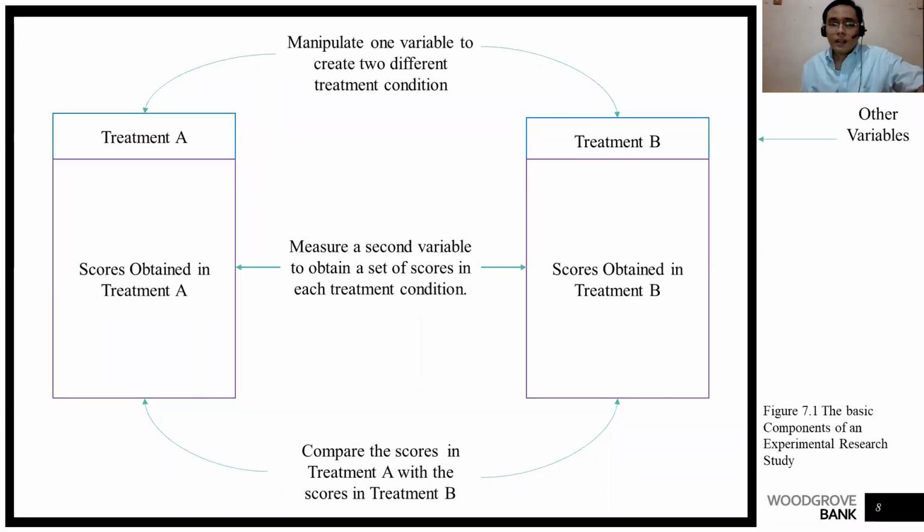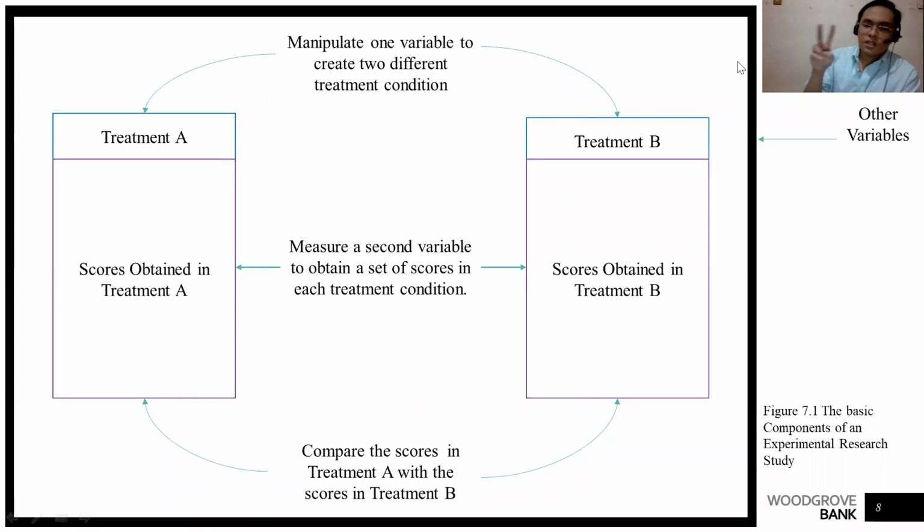So here is a process of a true experiment. One element, manipulate. We manipulate the independent variable to contain two treatment conditions, and those two treatment conditions contain the level or the value, how high or how low we manipulate it, or how we change the value.